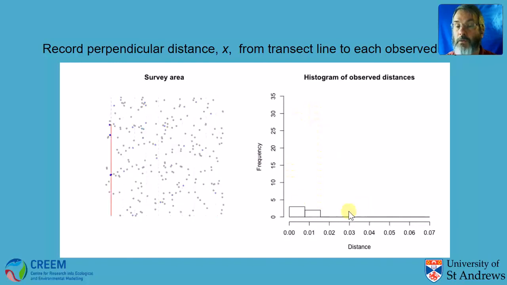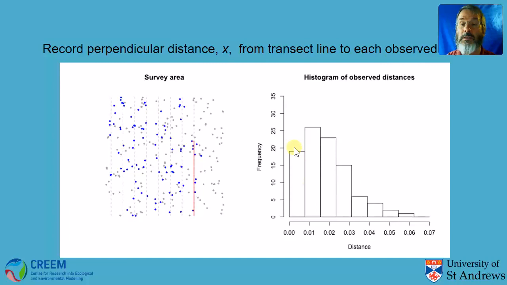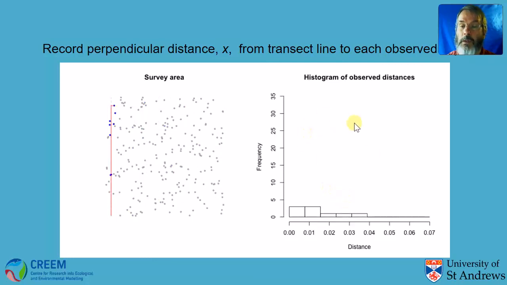What's being depicted over here on the right is a histogram of the distribution of all of those perpendicular distances. Now you notice as your survey proceeds, you're collecting more and more data, you're collecting more and more perpendicular distances, and you're getting a more thorough vision of the distribution of perpendicular distances of detections from the transect line.